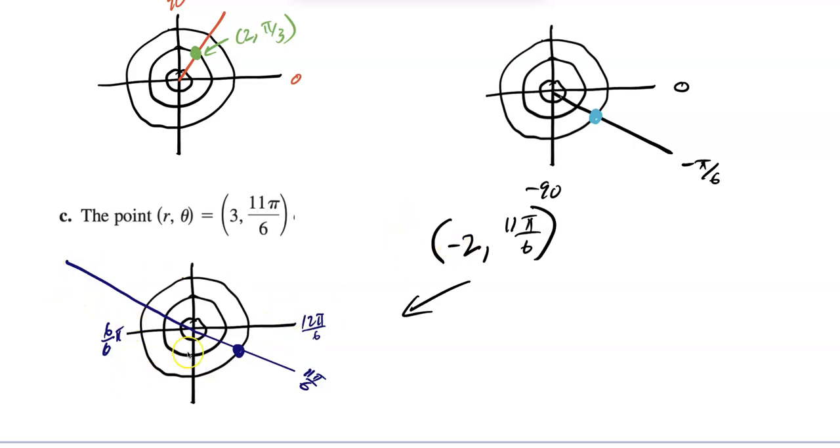When it's negative, you're not going to follow the proper angle this way. We're going to go back. So 1, 2. The point right here would be negative 2 and 11 pi over 6. So that's how negative radii work. You go back on the pole. With a positive radius, you go forwards toward that angle. With a negative, you go backwards. A negative angle, just like a normal angle, positive you go up, negative you go down. A negative radius, you go back on the pole.